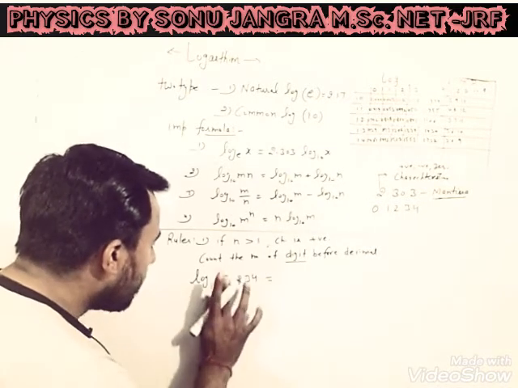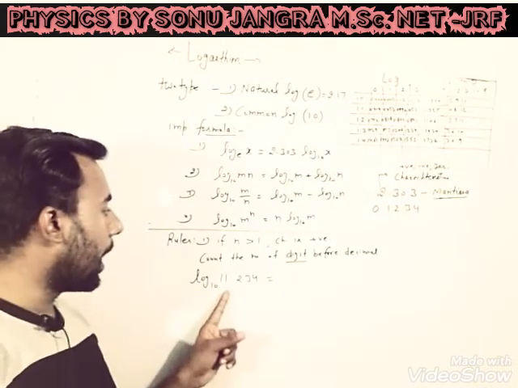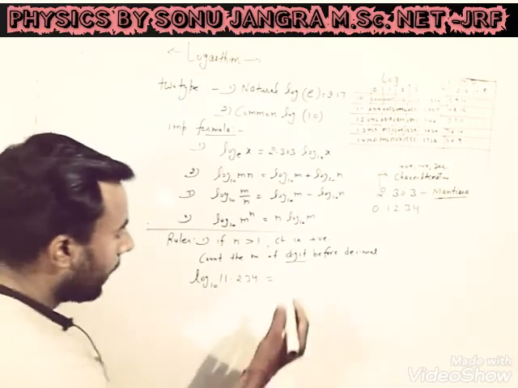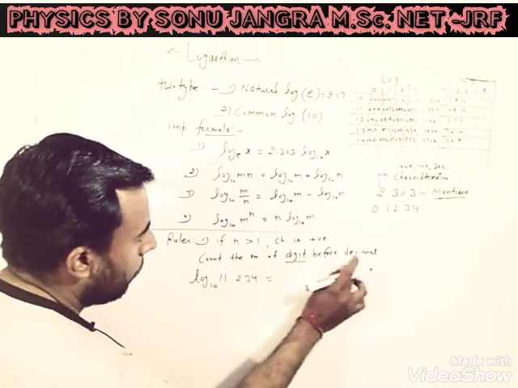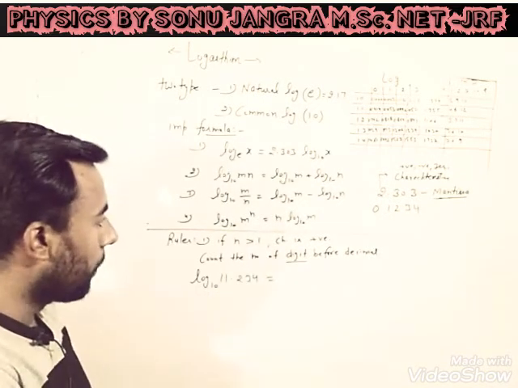Okay, now in this question 11.234, there are 2 digits before the decimal. So I can write here n is the number of digits before the decimal. Okay, so count these numbers. So these numbers are 2. After that, what will we do?